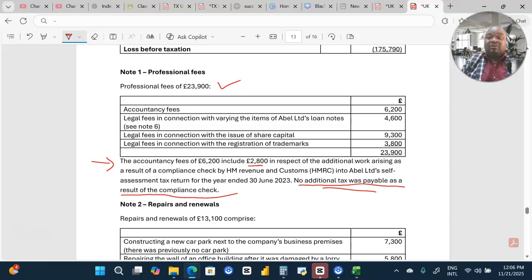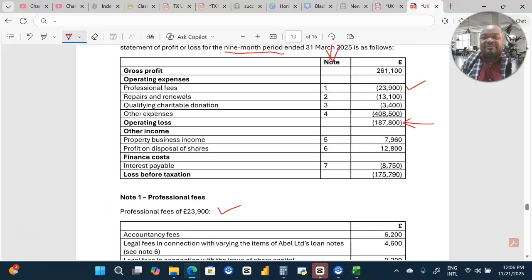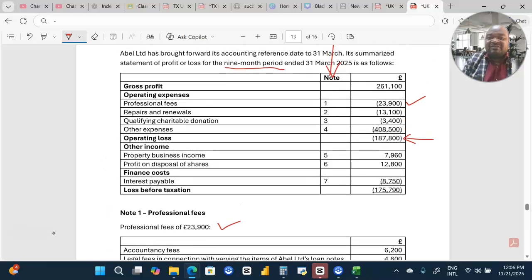Anyway, if we start from this figure, which is below, it means that for us to arrive at this figure, these costs which were allowable had already been deducted.